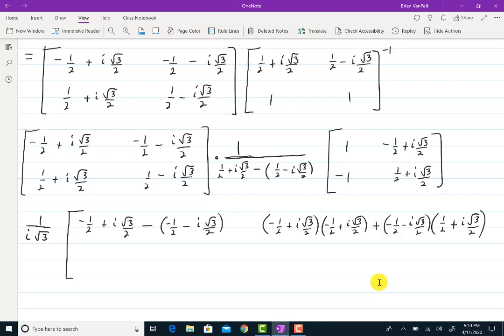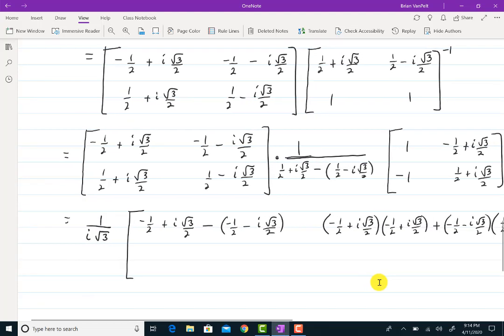All of that is the second entry. Now, for this next row, I'm going to have a similar situation here. I'll have this times 1 minus this. So I'll get 1/2 plus i radical 3 over 2 minus 1/2 minus i radical 3 over 2.